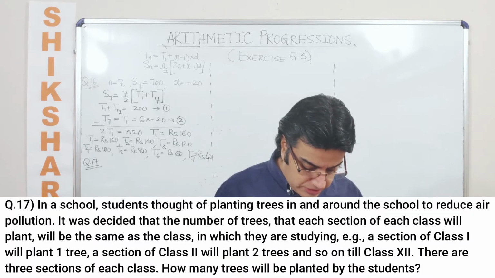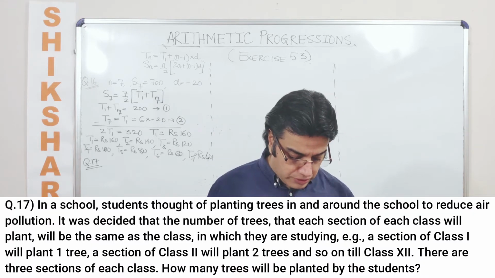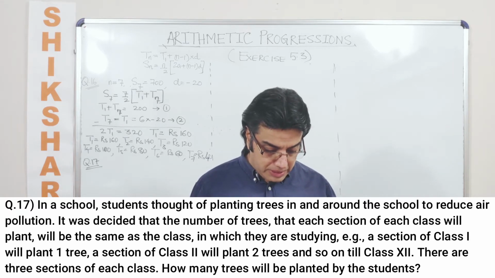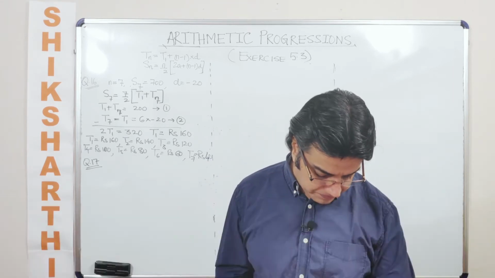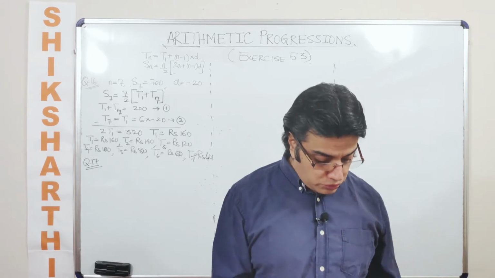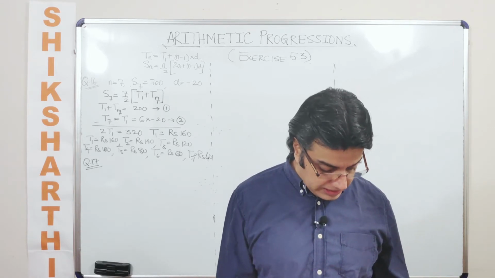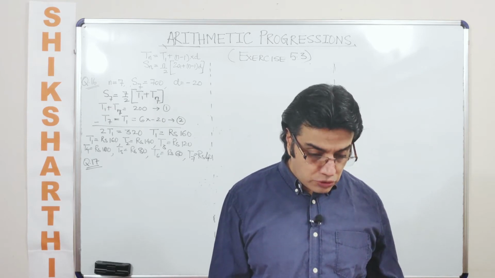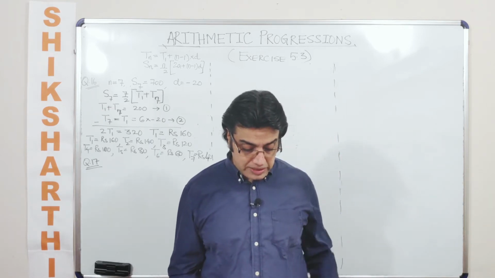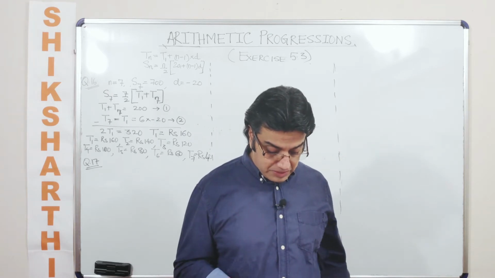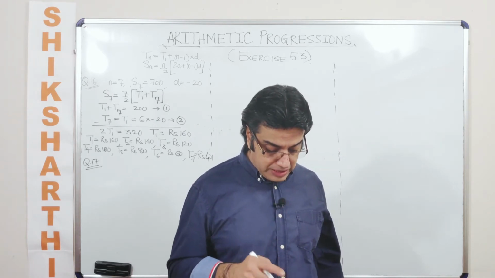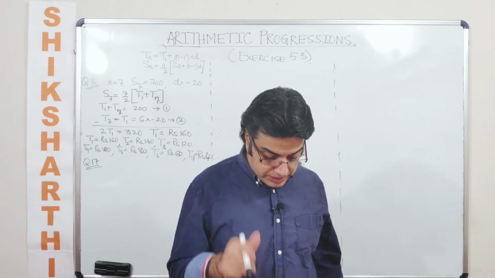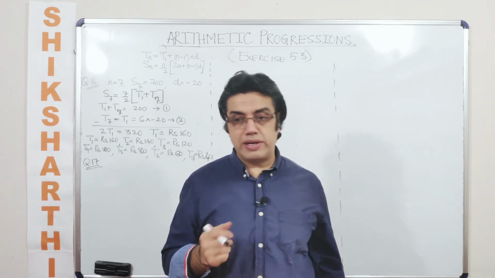Okay. So it says there are 3 sections of each class. How many trees will be planted by the students altogether? So do we know how many classes we are going to consider here? Do we know the count of classes? No. But we do know that class 1 will plant 1 tree, a section of class 2 will plant 2 trees, and so on till class 12.